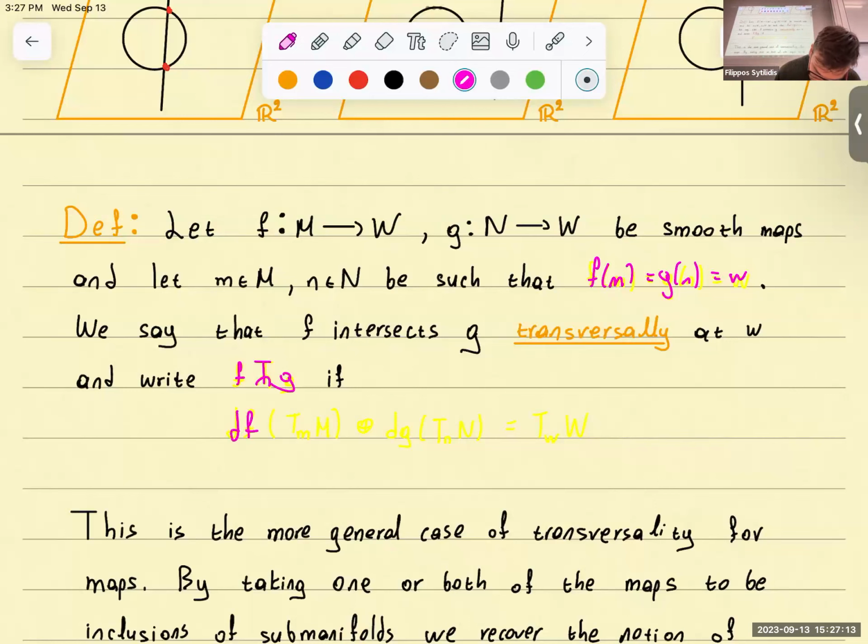If the following condition is satisfied: if I look at the image of the tangent space of M at m via df, and I look at the image of the tangent space of N at n via dg, that's going to give me my entire tangent space of W at w.